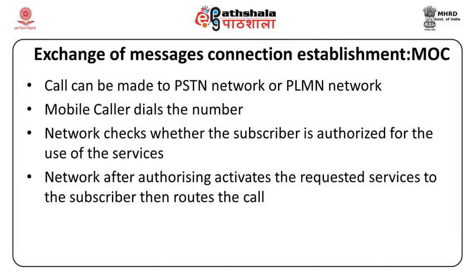Call can be made to a PSTN network or PLMN network. Mobile caller dials the number. The network checks whether the subscriber is authorized for the use of services, and after knowing that it is authorized, it activates the requested services for the subscriber and then routes the call.